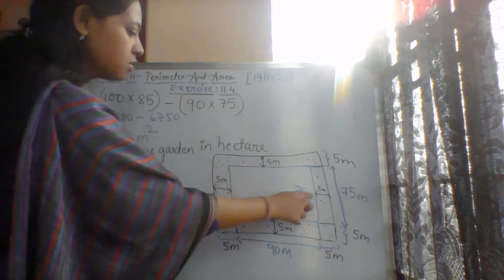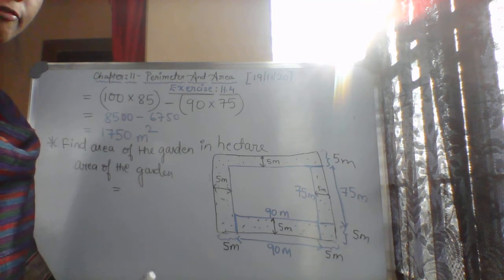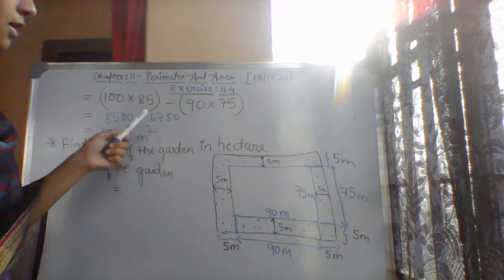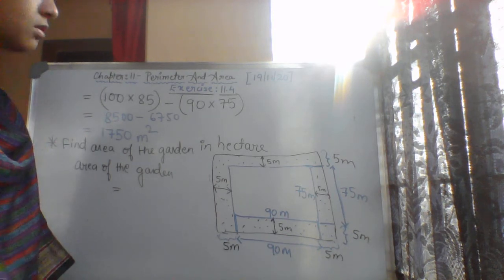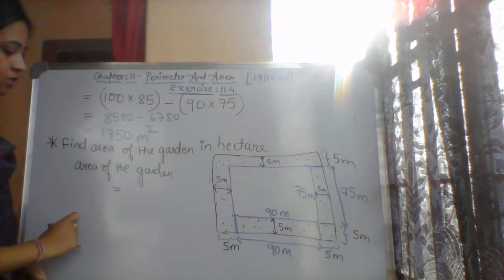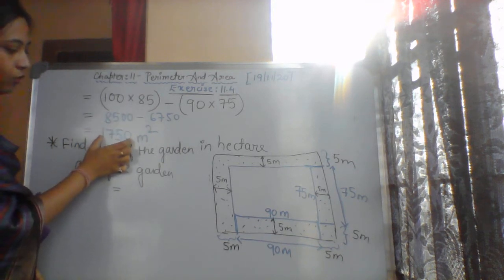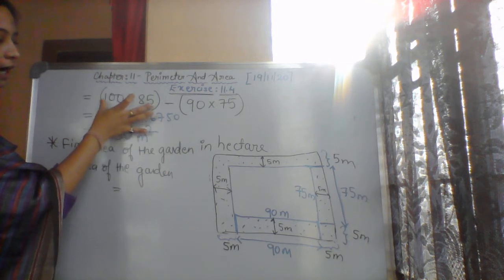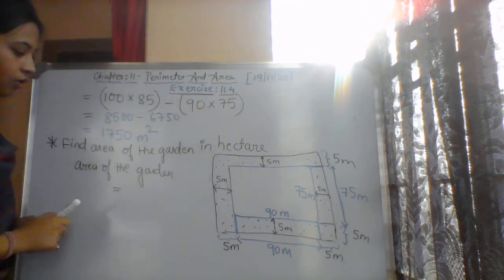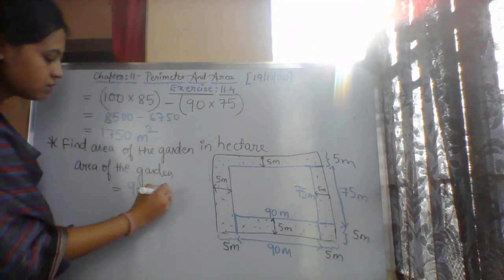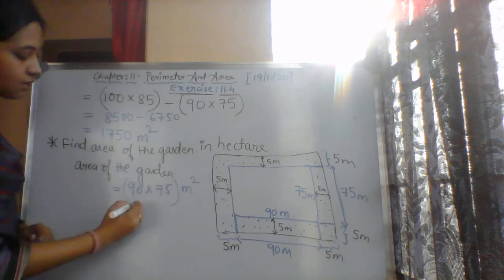We have calculated it. Just see the previous solution part, from there you will get it. The area of the garden with path minus the area of the garden gives the area of the garden. So 90 into 75 meter square is the area of the garden, and that value came 6750.